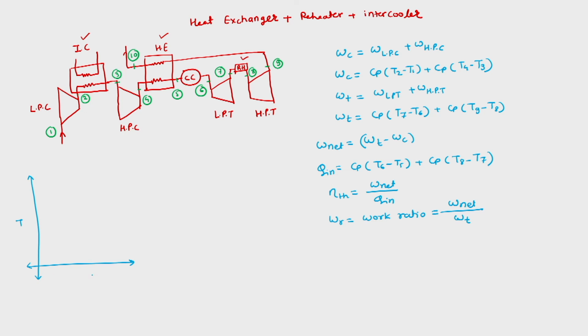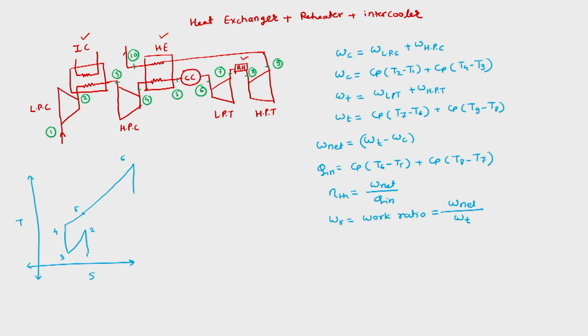On the TS diagram, process 1 to 2 is isentropic compression, then process 2 to 3 is isobaric heat rejection in the intercooler, then process 3 to 4 is isentropic compression, then we have heat addition 4 to 5, so this is point 5. Then 5 to 6 is constant pressure further heat addition in the combustion chamber, so it is 6.